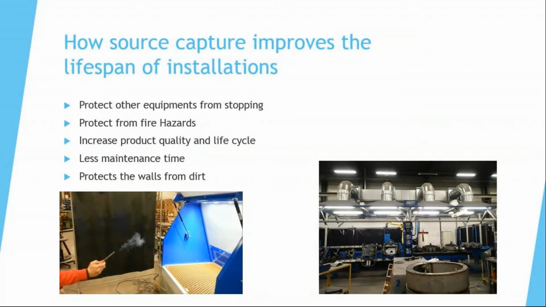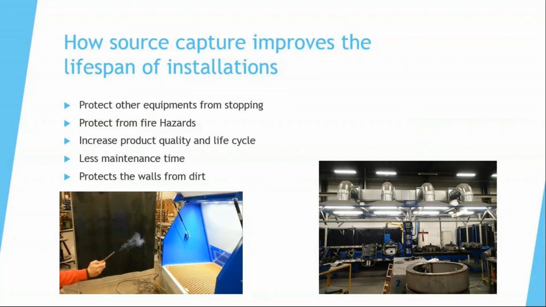Another point to consider when installing a Downdraft table or an aspiration system is how your system is protecting the whole plant from the danger of the contaminants. With a Downdraft table, you protect the other equipment from stopping because of the fumes, because of the gases, because of the incendiary risks. You protect them from fire hazards.